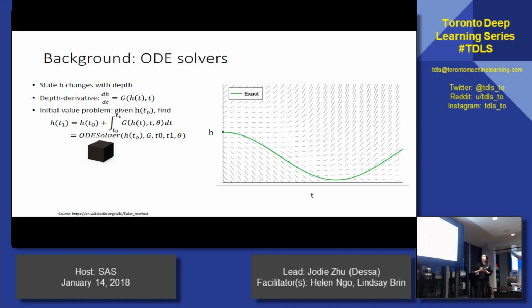The goal of having the ODE solver here is that we give an input ht0, a function g, a time span, and some parameters of the neural network. We expect to get a new state output, which we call ht1. This means that in this field, we exactly track a continuous function of h, which goes through from the initial value given to h, which is ht0.